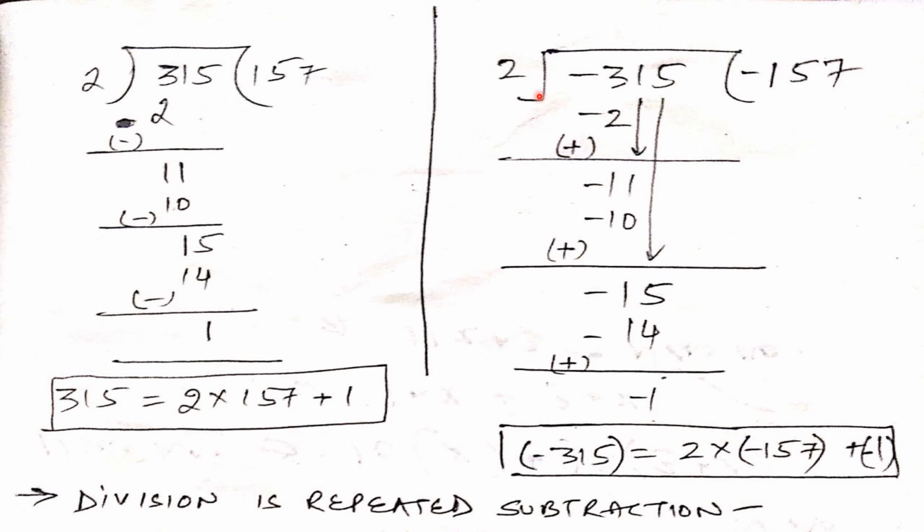Now the second example, minus 315 divided by 2. The first number you can see is minus 3. Here it was plus 3, over here it is minus 3. So I am multiplying with minus 1. So 2 times 1 is 2, and with the sign it is minus 2.